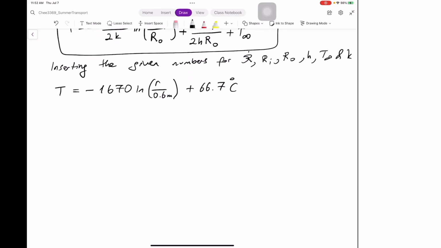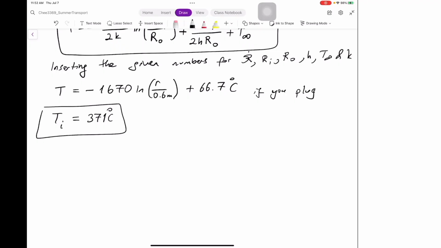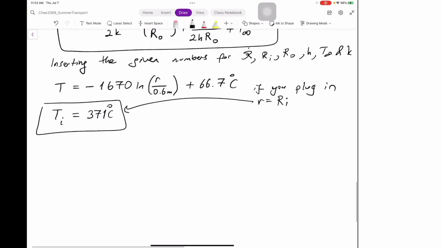And so if you plug in R_i in here, T_i comes out to be equal to 371 degrees centigrade. You plug in r is equal to R_i, you get this.